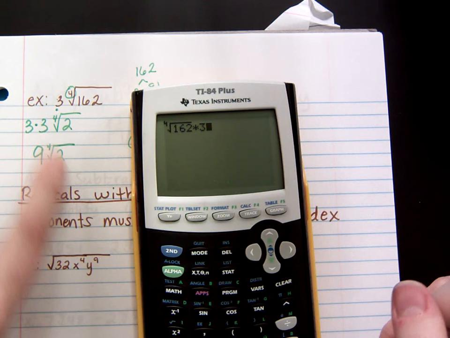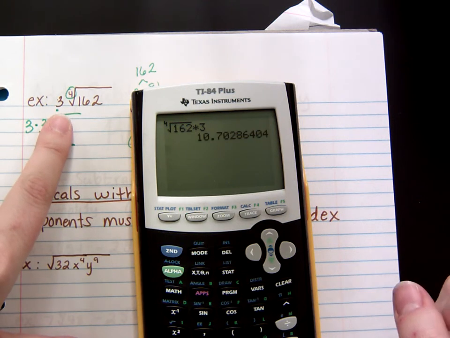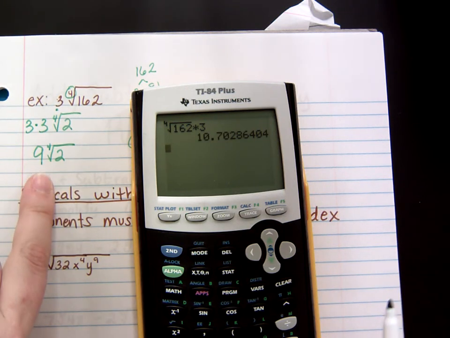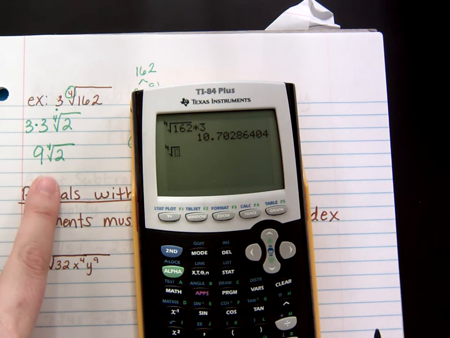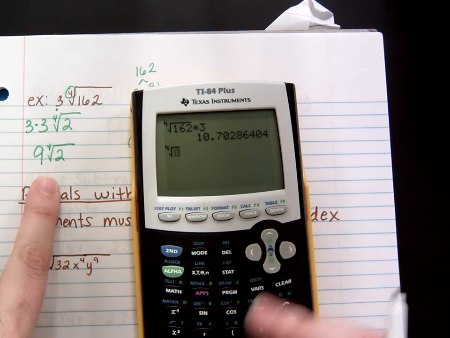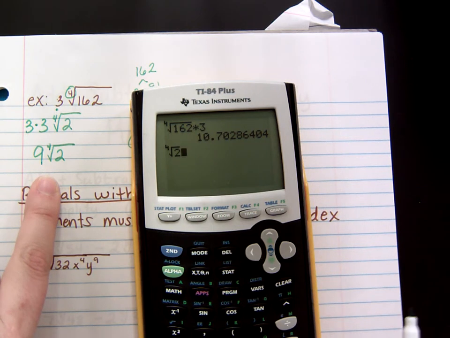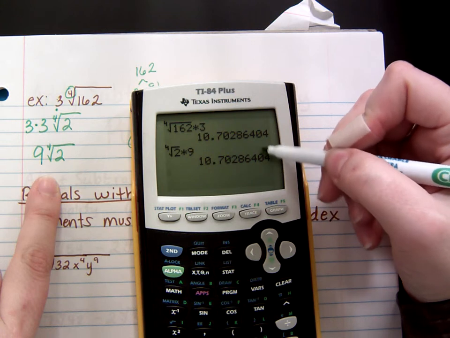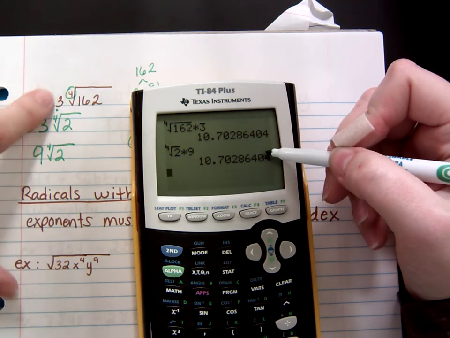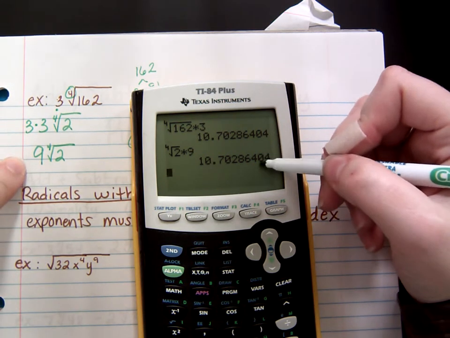I'm just doing it in a slightly different order. Gives me that. And then 4th root of 2 times 9 gives me the same value. So I can test this by putting in my original and putting in my answer and see if the decimals come out to be the same.